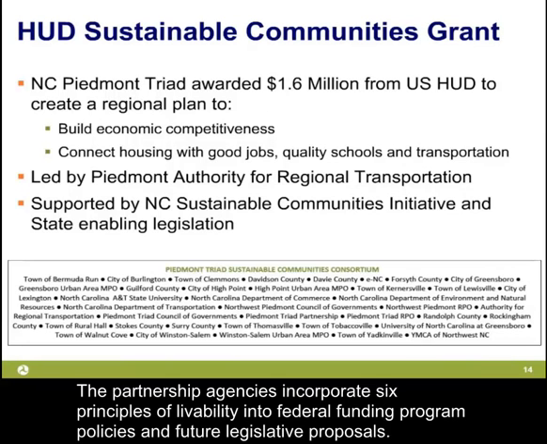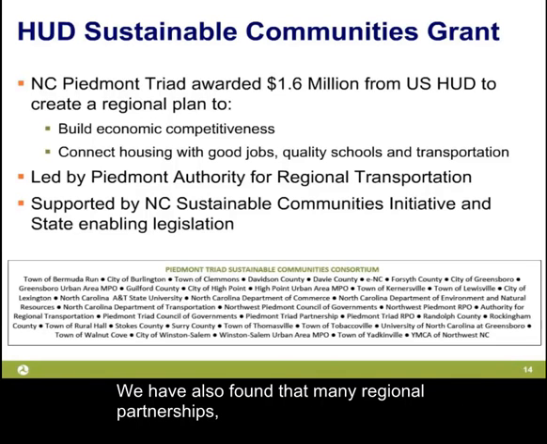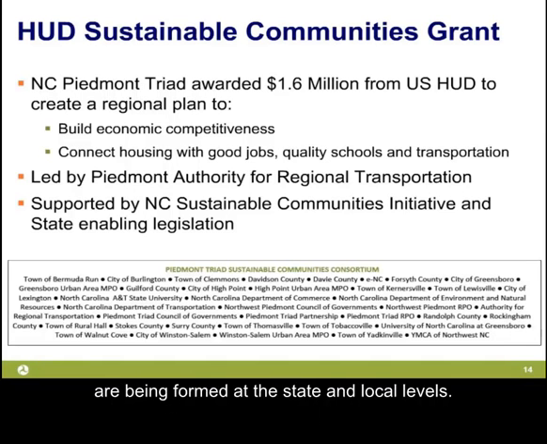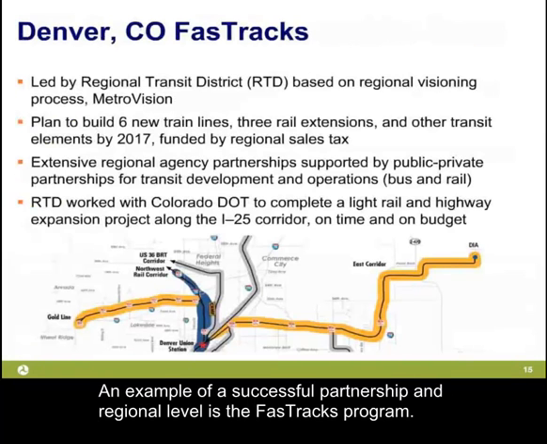The partnership agencies incorporate 6 principles of livability into federal funding programs, policies, and future legislative proposals. We have also found that many regional partnerships, similar to the Interagency Partnership for Sustainable Communities, are being formed at the state and local levels. An example of a successful partnership at a regional level is the FasTracks program.